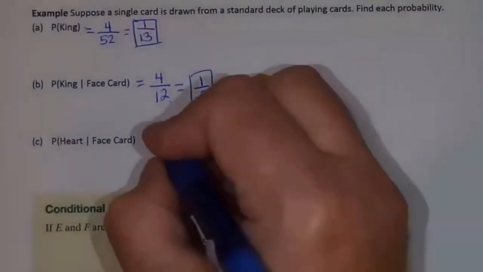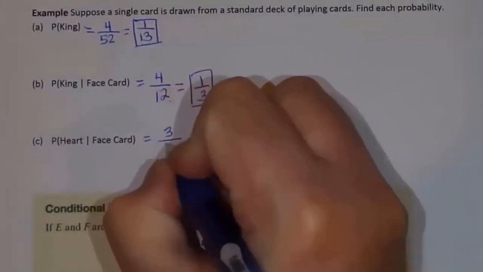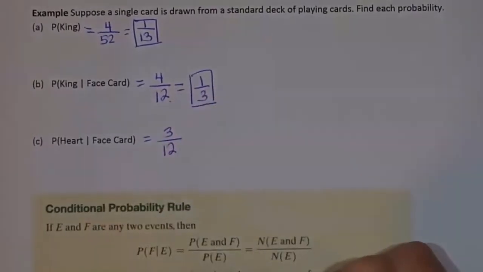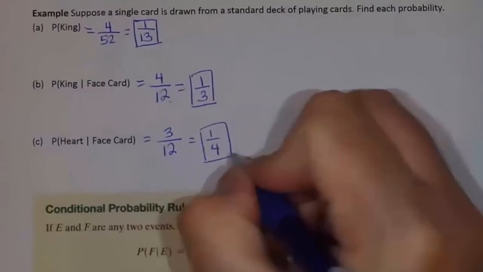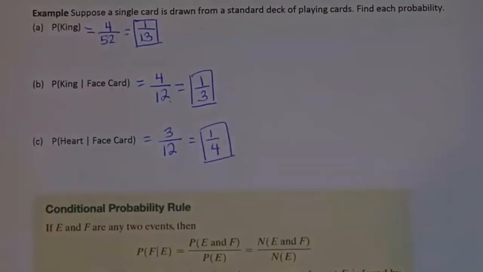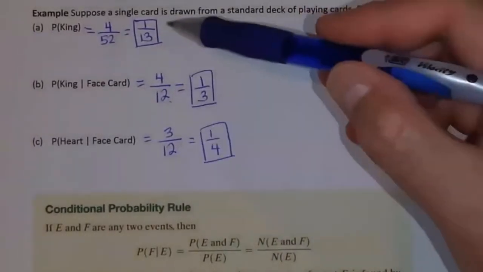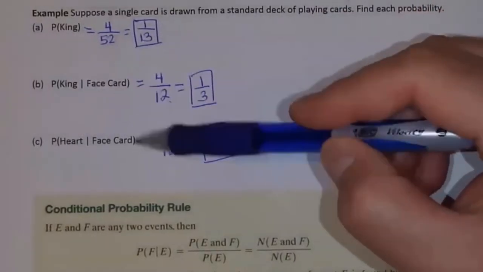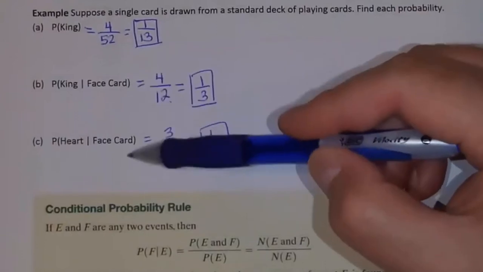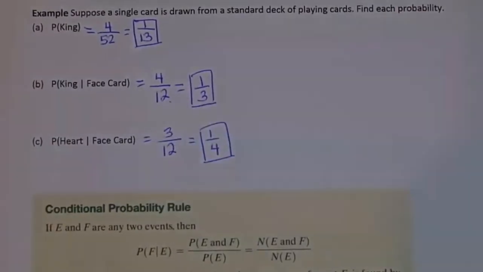So the probability is 3 hearts out of 12 face cards, which is a 1/4 probability. We call this a conditional probability because we know a condition, some information about what has occurred, and that reduces our sample space.